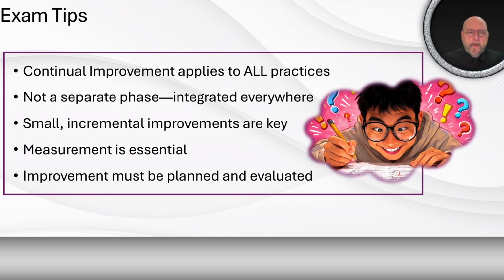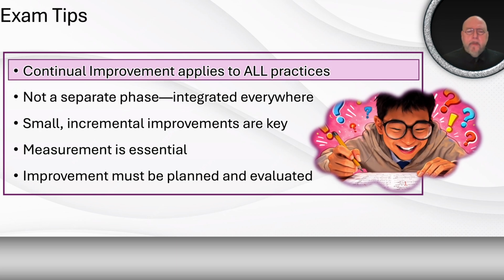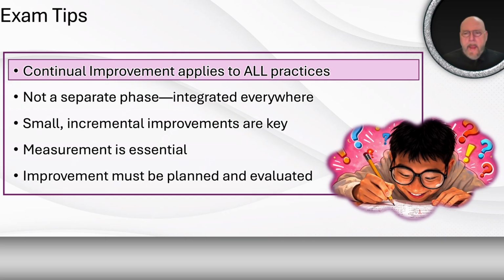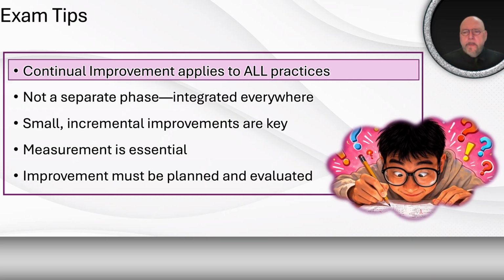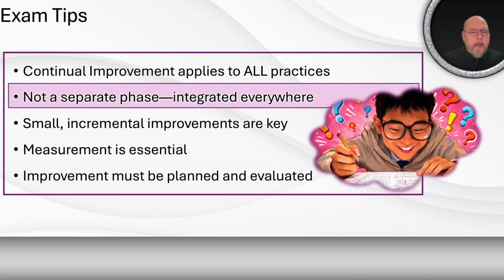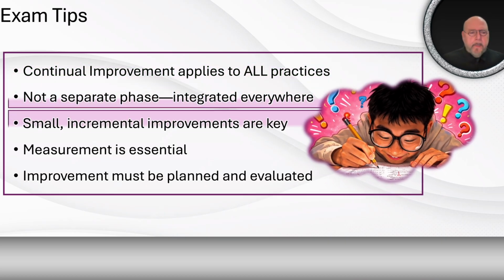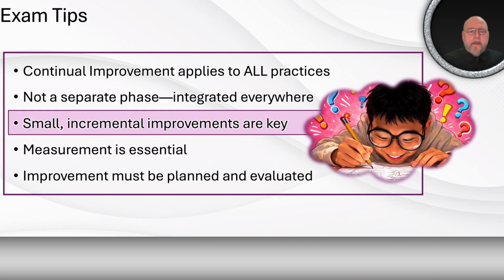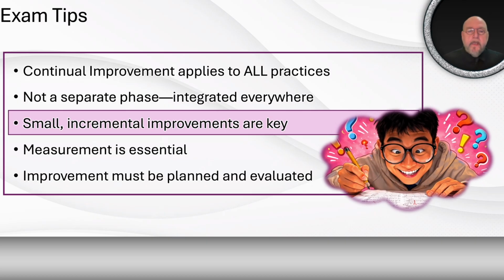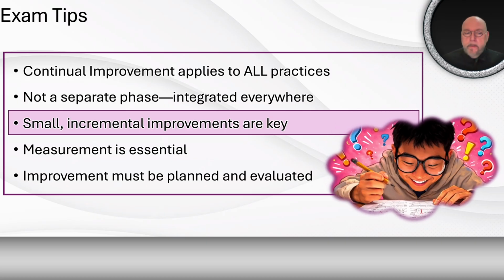For the exam, remember, continual improvement applies to everything, all practices, all of our actions, every component of the service value system. It's not a separate phase, it's integrated everywhere. We focus a lot on small incremental improvements, so that we are taking smaller risks and we're gaining value quickly.